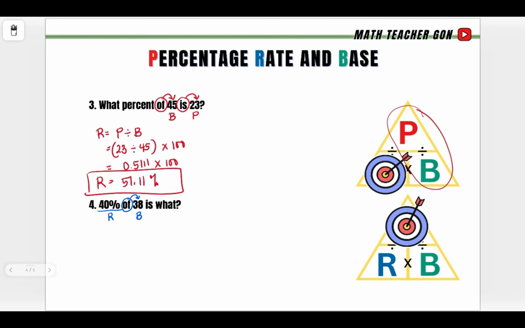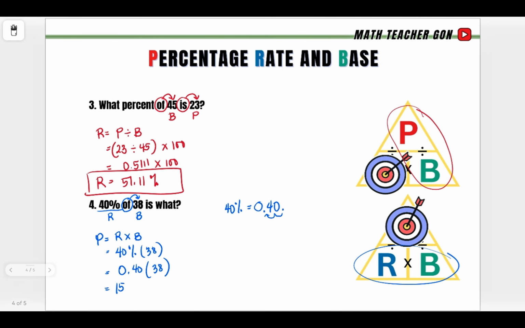So for the formula of percentage, R times B. Let's substitute the values. 40% times the base, 38. 40% convert to decimal. So 40, move 2 units to the left, 1, 2. Then add 0. So the answer here is 0.40 times 38, and 0.40 times 38 is equal to 15.2. This is now your final answer.